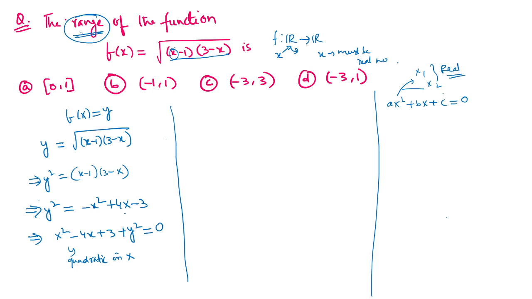The roots are real only when the discriminant, b square minus 4ac, is greater than or equal to 0.